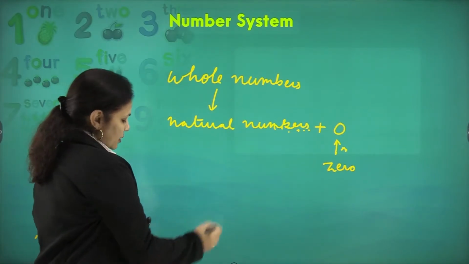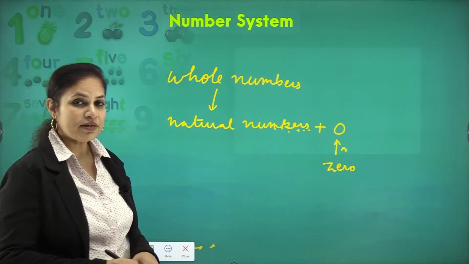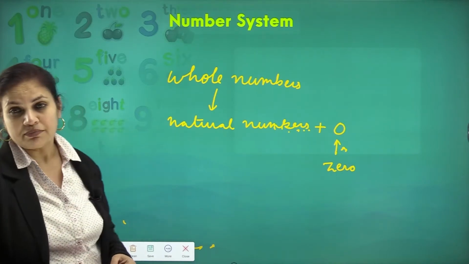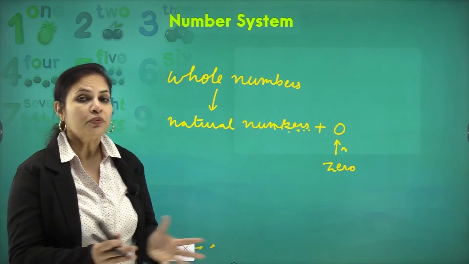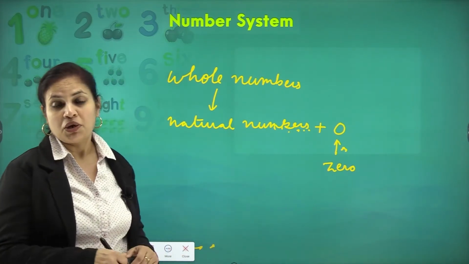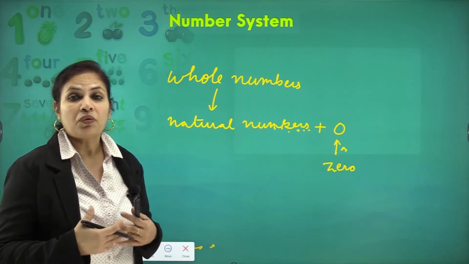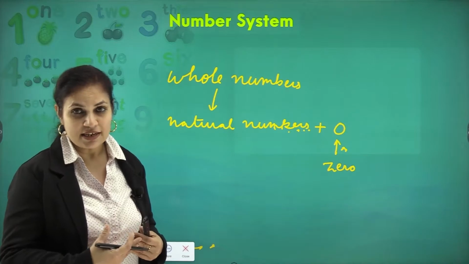So initially we started with natural numbers, then whole numbers, and after whole numbers we came to a different world of negative numbers. Along with whole numbers, we learnt about negative numbers also, values less than 0.